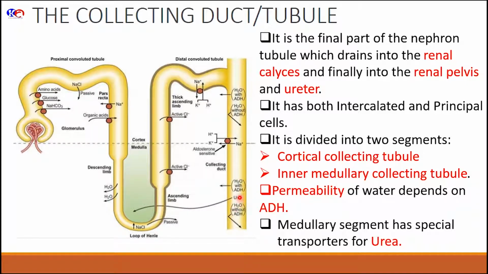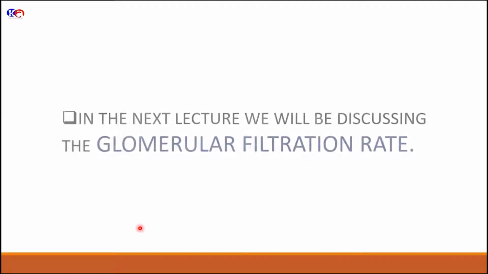So urea is reabsorbed, then it comes back to be secreted into the loop of Henle. So basically, that is just the structure of the renal tubule.